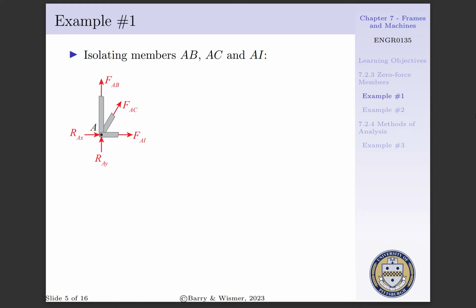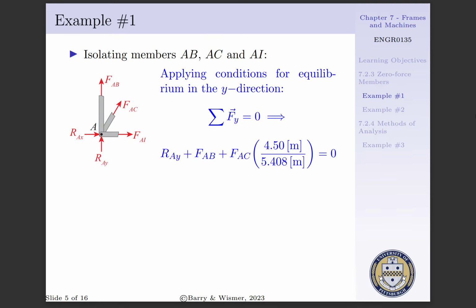Carrying this information forward, we can isolate members AB, AC, and AI using the method of sections. In doing such, we can apply our equilibrium equations in the y direction. Specifically, we find RAY plus FAB plus the y component of FAC has to equal 0. We already know RAY is equal to 20 kilonewtons, and FAC was minus 24.04 kilonewtons.